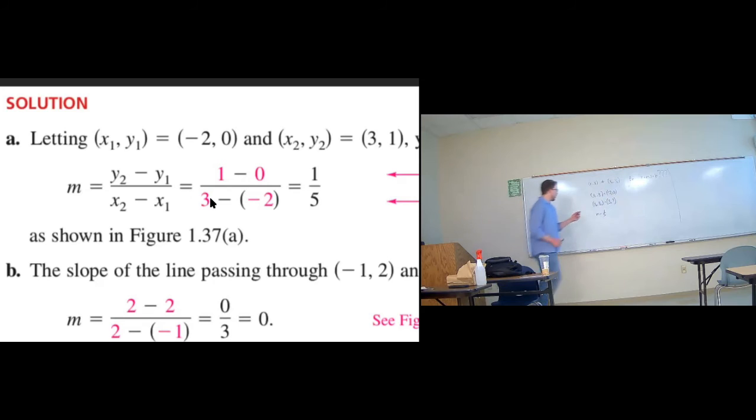So now we want to put it through the point slope formula. But we know what m is. And at this point, I particularly don't like the notation they use.